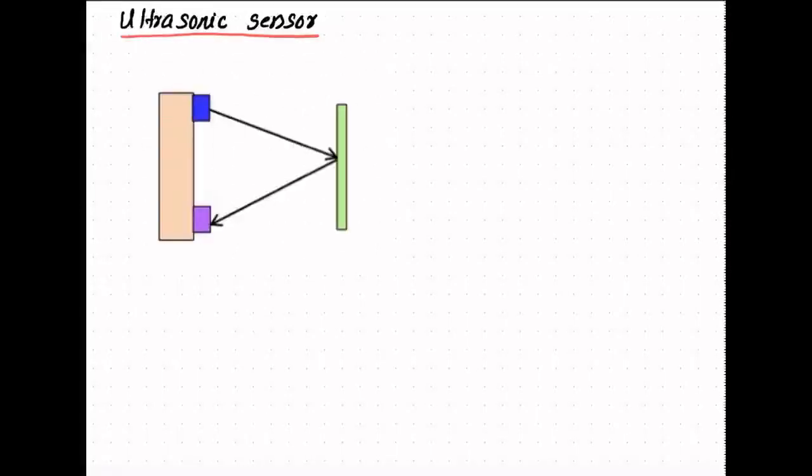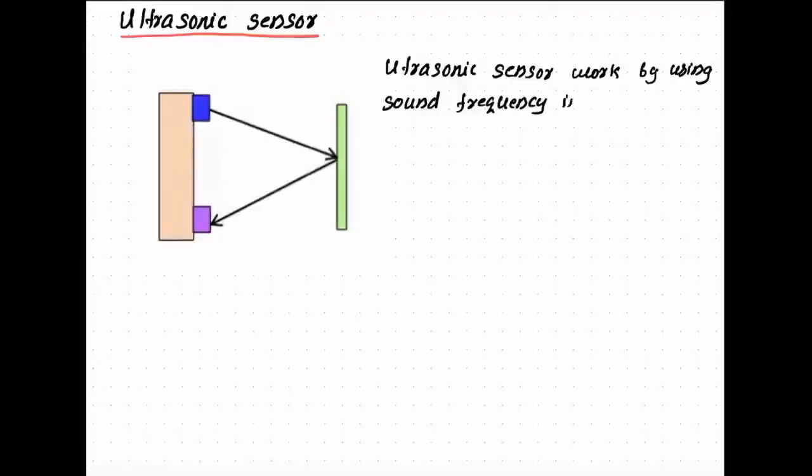The main difference of this ultrasonic sensor over the other two proximity sensors, that's capacity and inductive sensor, is ultrasonic sensor not only senses the presence or absence of the target, but also it will give an information how far the object is away from the sensor.